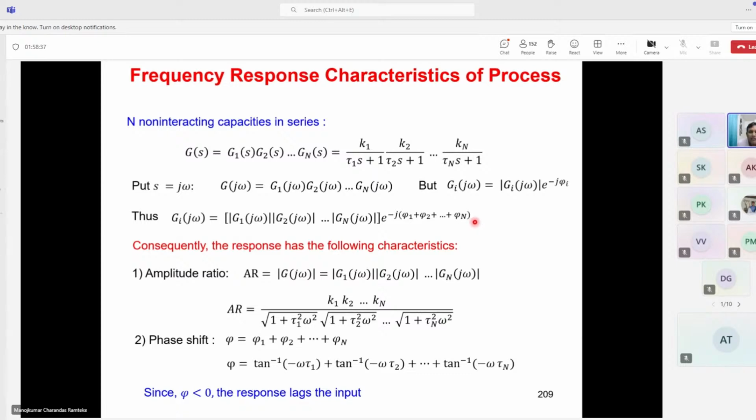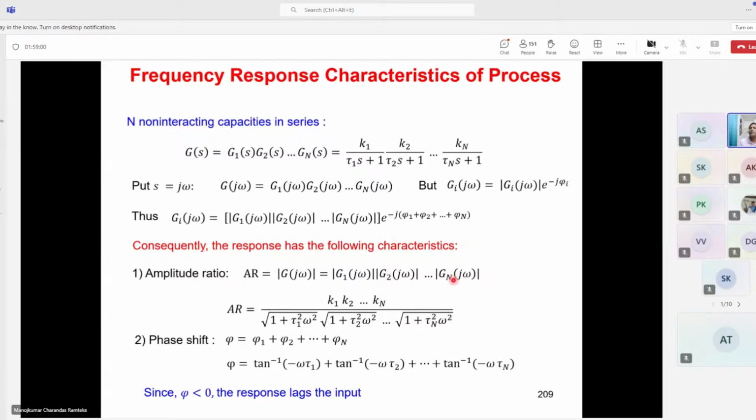So what it means is, whenever there are multi-capacity processes, when I'm calculating the amplitude ratio, their individual amplitude ratios are multiplied, isn't it? That's what we are getting. Remember here, the magnitude of G1 j omega is nothing but the amplitude ratio of the first process. This is the amplitude ratio of the second process.